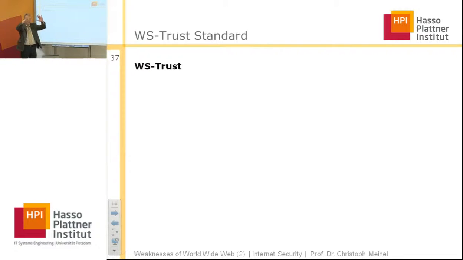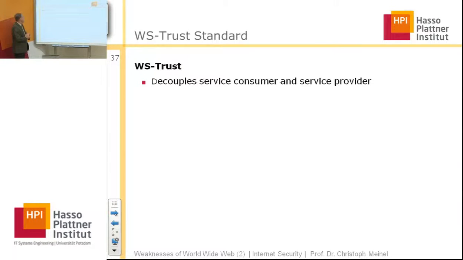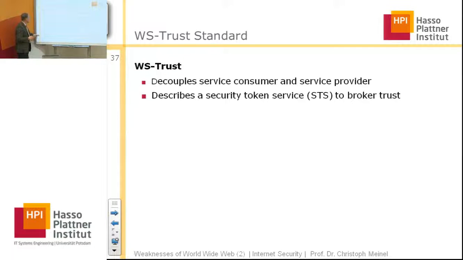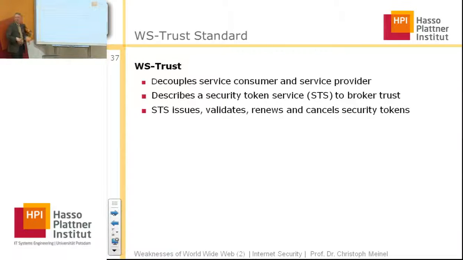Finally, I want to mention the Web Service Trust Standard. This was, if you remember the picture, another part in this Web Service Standard Suite. The idea is to decouple service consumer and service provider. It describes a security token service to broker trust, that's STS, so that the user and the provider can establish a trust relation before serving in a certain way.